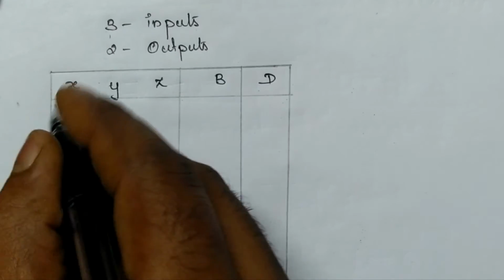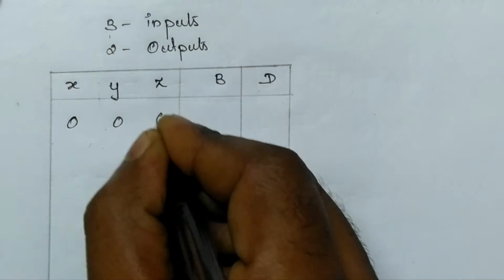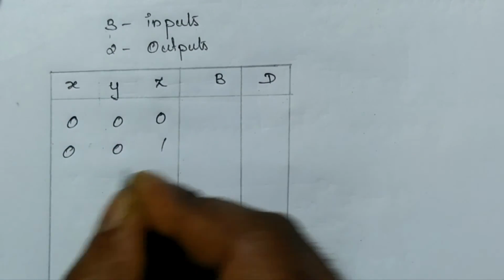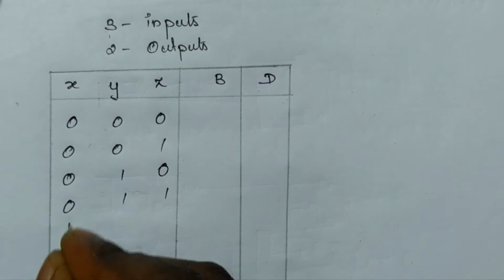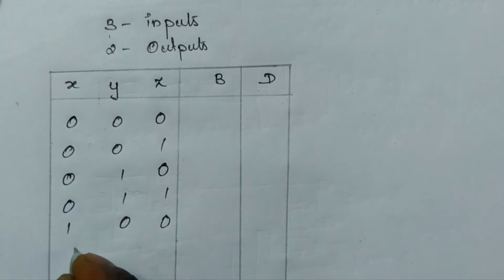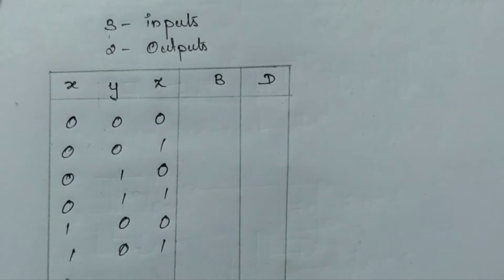Here the possible input combinations are 0 0 0, 0 0 1, 0 1 0, 0 1 1, 1 0 0, 1 0 1, 1 1 0, 1 1 1.